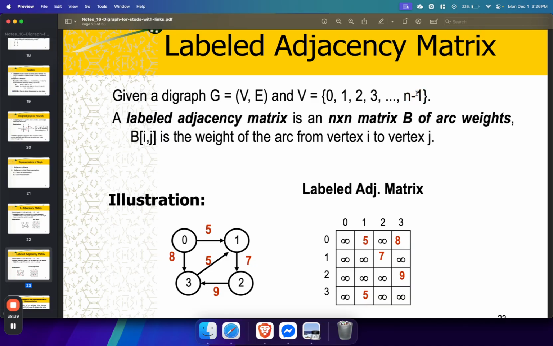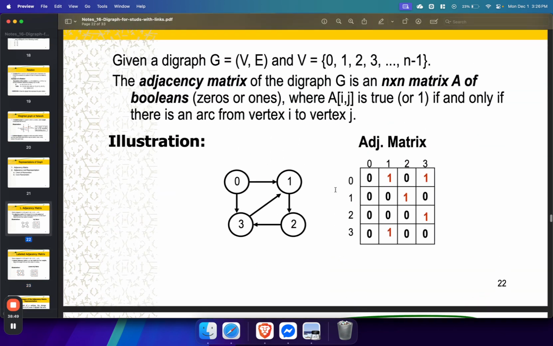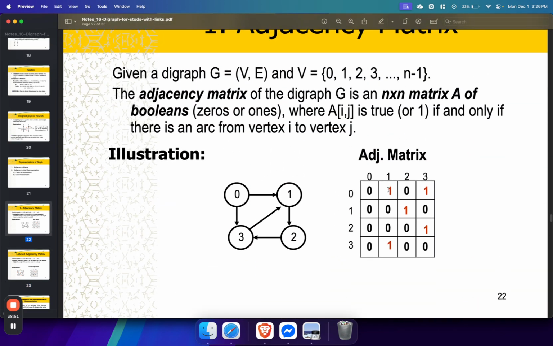When we say a labeled adjacency matrix, it is essentially an n by n matrix B of arc weights. So ang difference niya is, instead of just saying there is an arc going from 0 to 1, it will store the actual weight of the arc from 0 to 1.